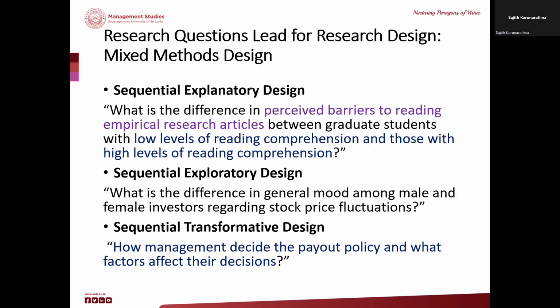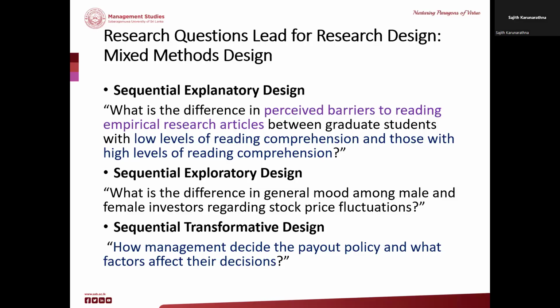So there is an exploration required because the perceived barriers are different for students with low level of reading comprehension and high level of reading comprehension. As the second stage, you should conduct a qualitative study. So that's why it is a sequential explanatory design.